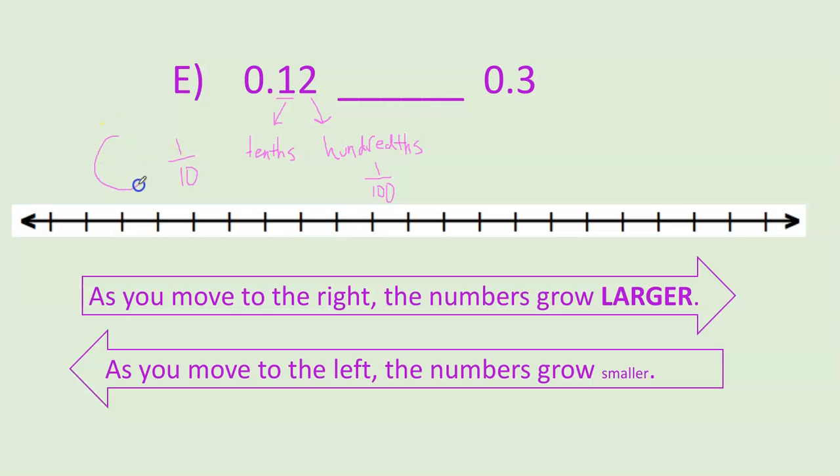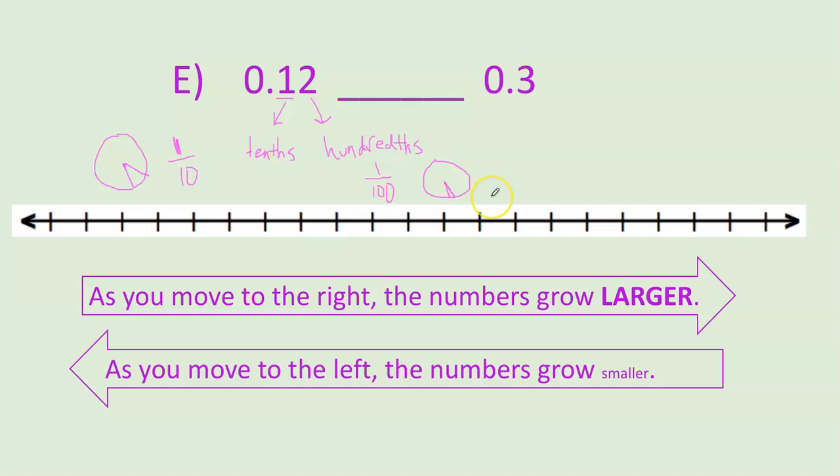If you take a whole pie, one whole pie, and you divide it into 10 pieces, your slice might look something like, I don't know, this. But if you take a pie and you divide it into 100 pieces, your slice is going to be very tiny.